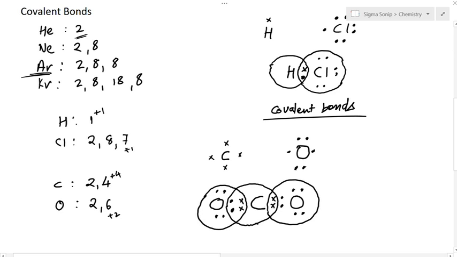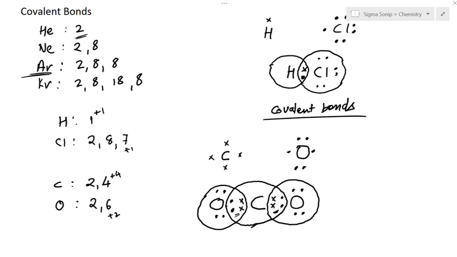When you do this, you see that this carbon has 4 electrons here and 4 electrons here, so carbon has 8 electrons in its valence shell, and oxygen also has 4 here and 4 here. They have their full octet in the valence shell.